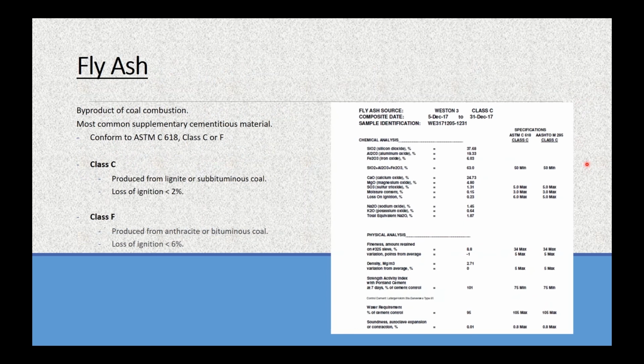All right, fly ash. Fly ash is the most common supplementary cementitious material that we're going to see. Basically, it's just a byproduct of coal combustion from the electric power plants.